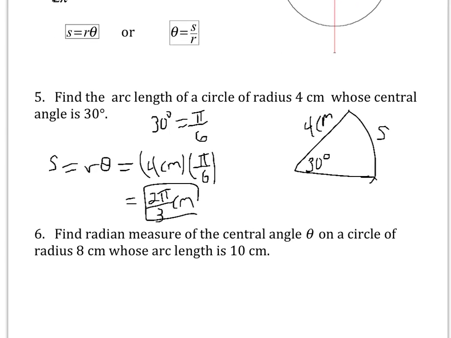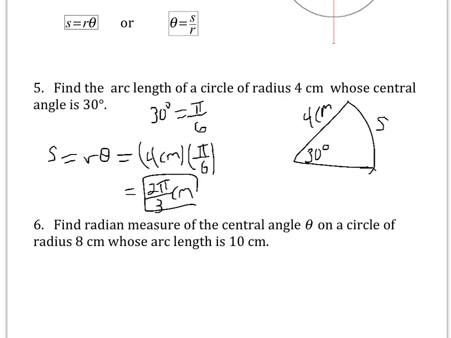Let's do one more. Find the radian measure of a central angle theta on a circle whose radius is 8 centimeters and whose arc length is 10. So we're not on the unit circle, we're on a circle of radius 8.